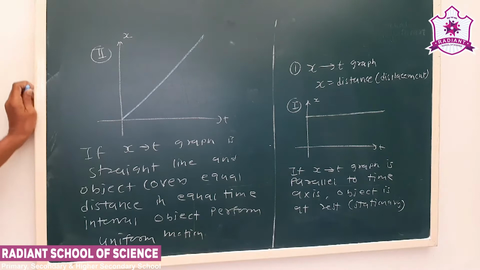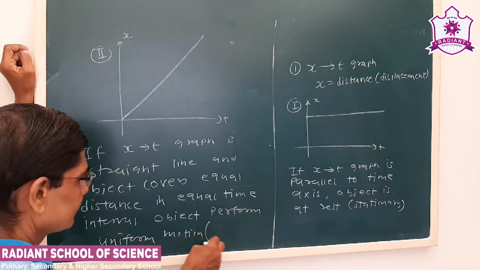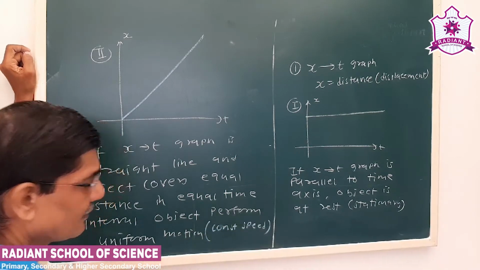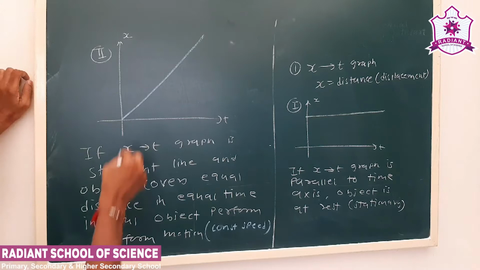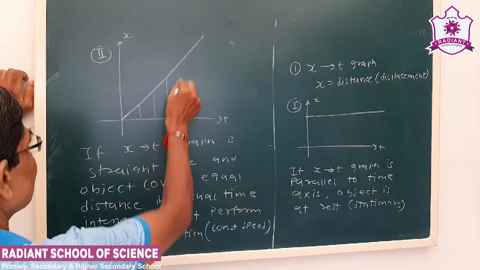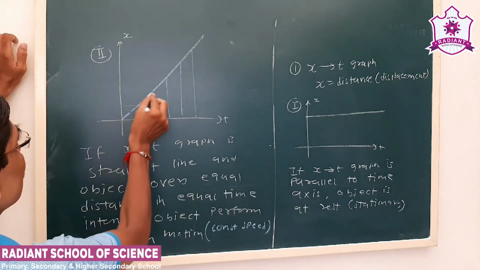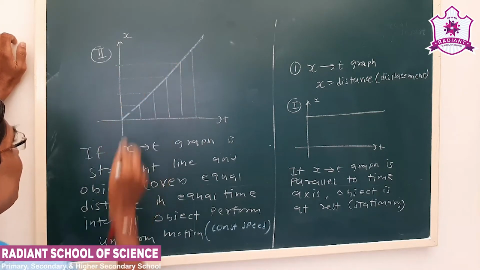This is uniform motion, with a constant speed or constant velocity. Why? Because in equal time intervals, the distance covered also will be equal.